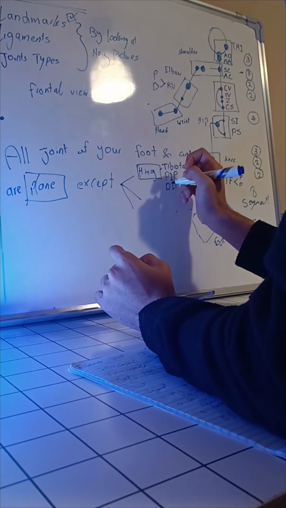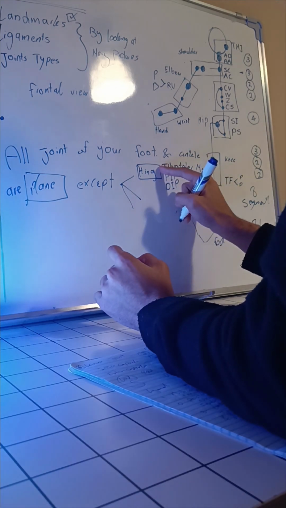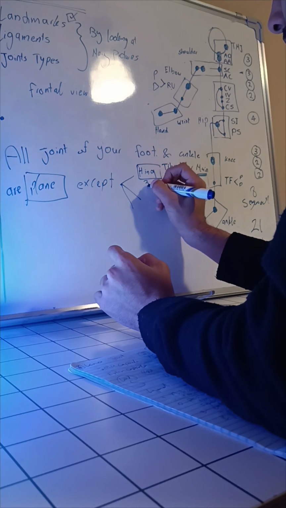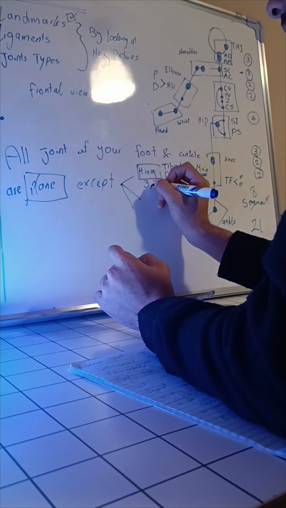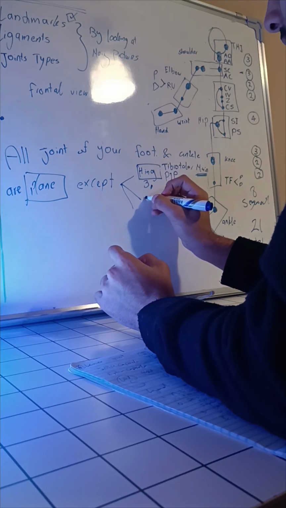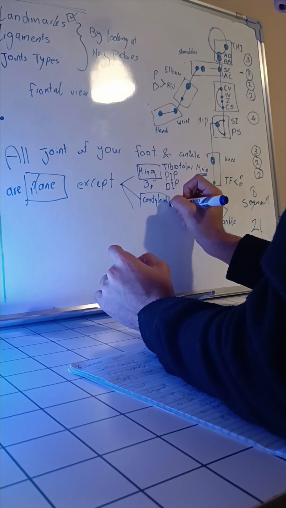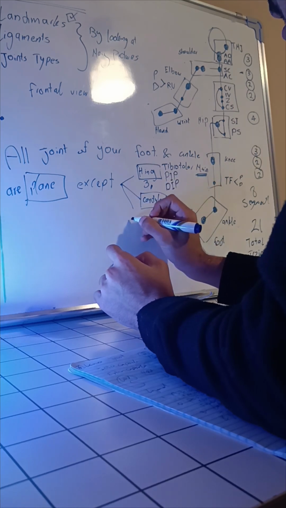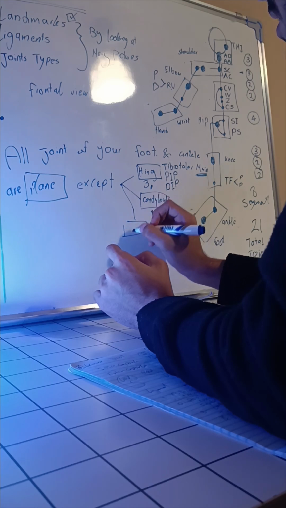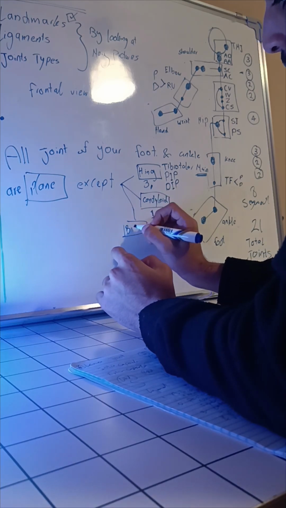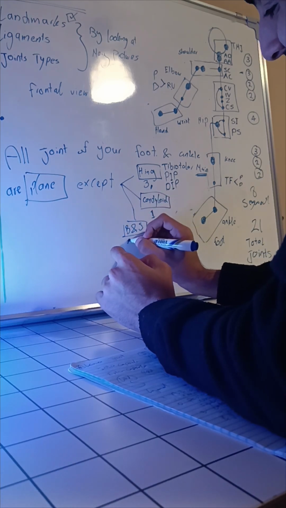These three are all hinge. So except three hinge, one condyloid, and one which is ball and socket.